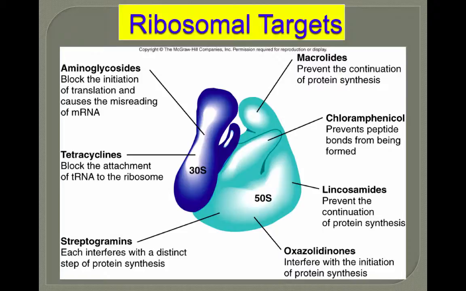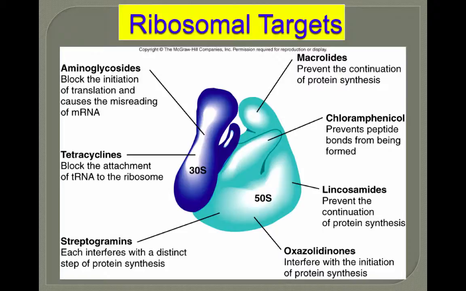Probably cidal again. The macrolides prevent the continuation of protein synthesis. Static or cidal? Cidal. Chloramphenicol prevents peptide bonds from being formed, so the resulting protein can't hook together. Cidal again. Preventing the continuation of protein synthesis. Are you catching on that there's a pattern here?